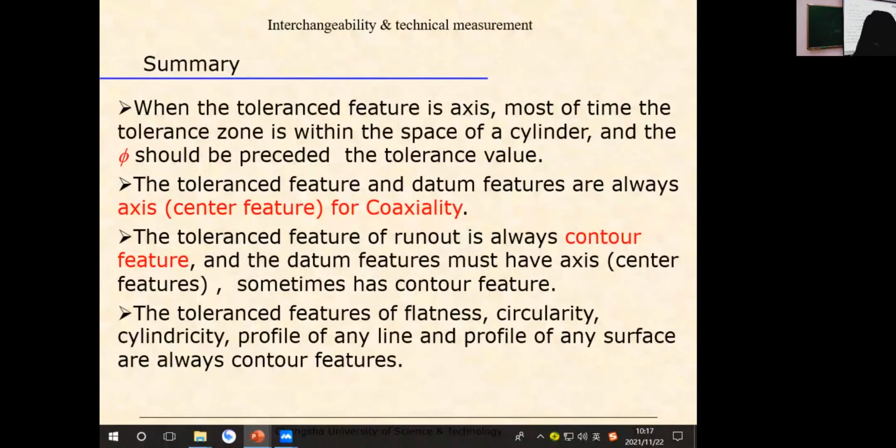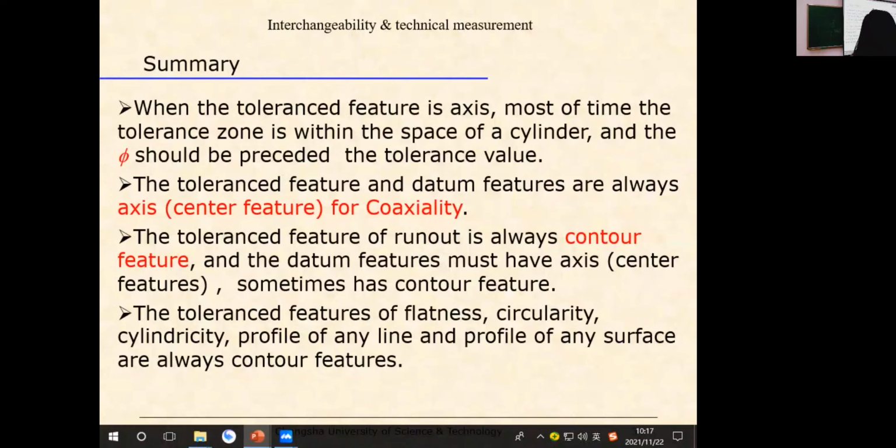No, this is also a control datum because that is the measurement method to get the runout. So there is a datum. And for others, if there is a control feature, there is no datum. But this is accepted. So the datum features must have an axis.